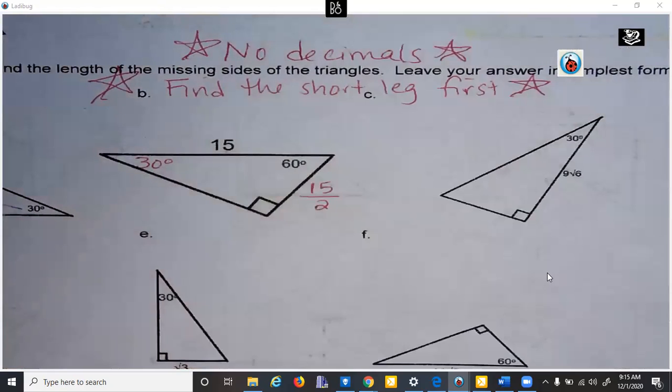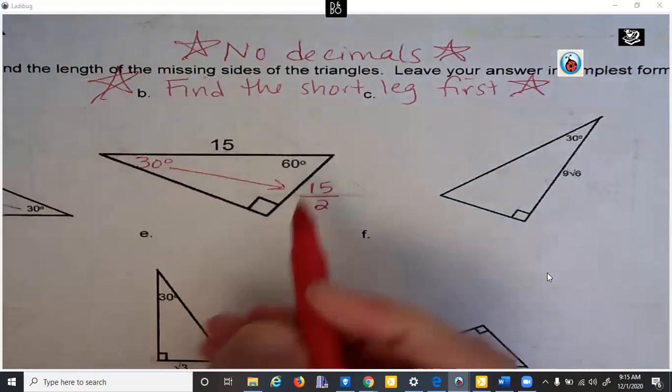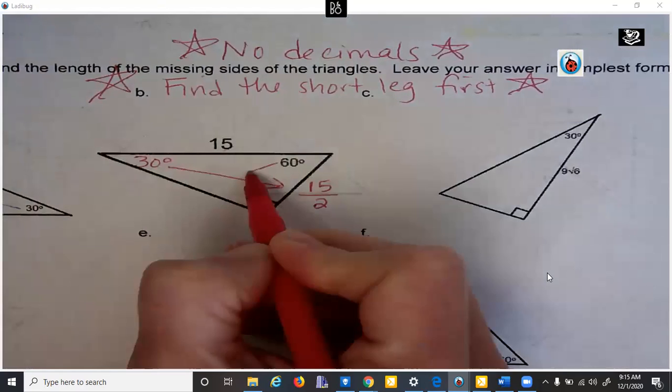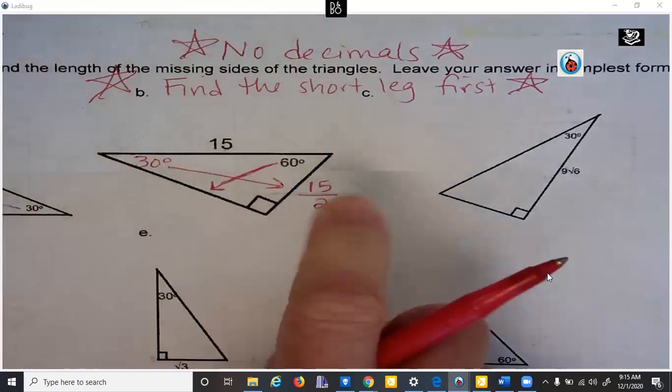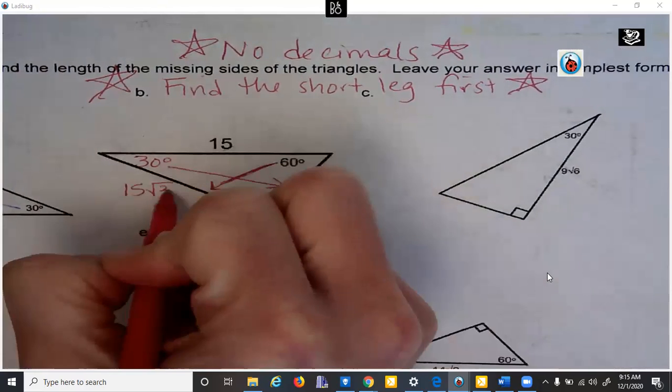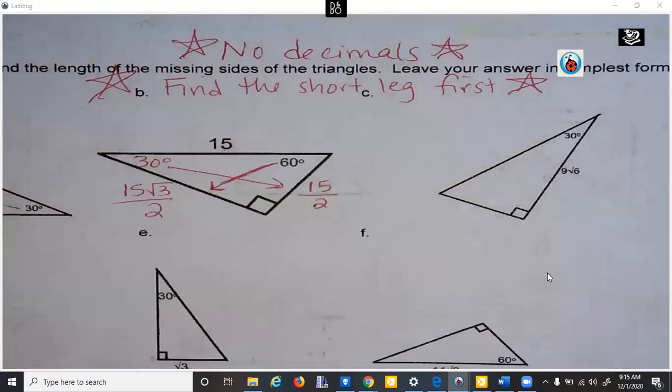So half of 15 is 15 over 2. So that is the short leg. It's half of the hypotenuse. To get the long leg, you take the short leg and you multiply by square root 3. So that's my answer, 15 square root 3 over 2.